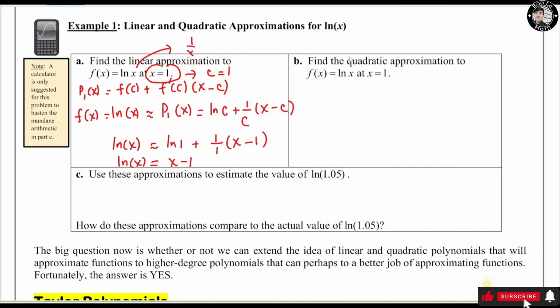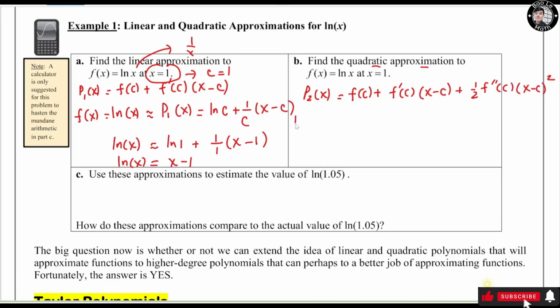Now question B, find the quadratic approximation to this one. So we need to find P sub 2 of x. It's going to be f of c plus f prime of c times (x minus c) plus 1/2 f double prime of c times (x minus c) squared.